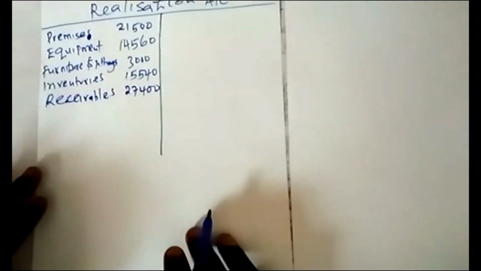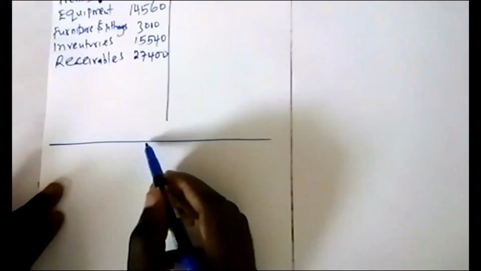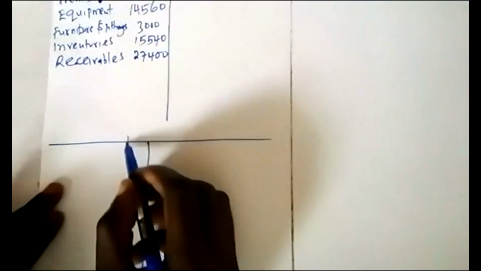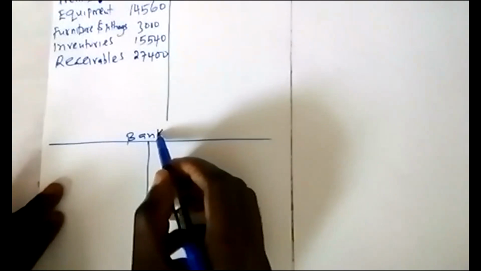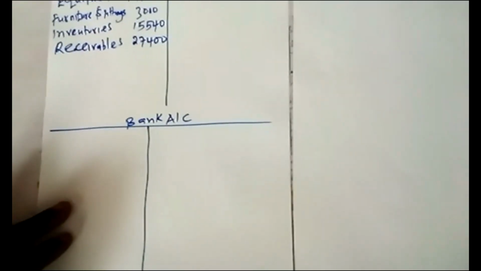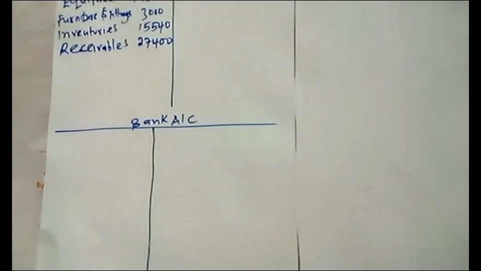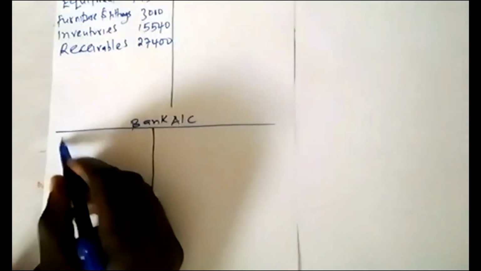Then in order to understand this, what I will do next is draw the bank account. I'm not yet done with the realization account, but draw your bank account, of which you know that what you record on the debit side is what is bringing cash in, then you credit what we were paying. So you start from balance brought down.